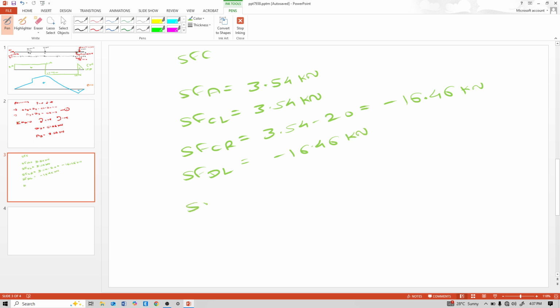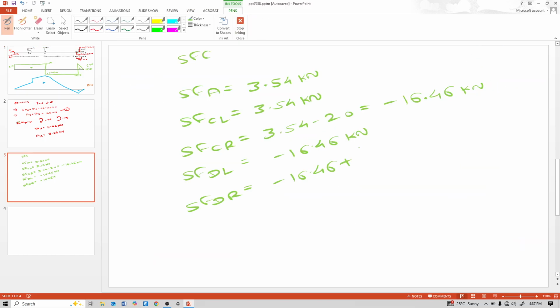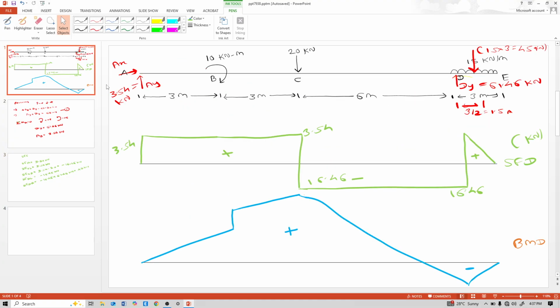But shear force at D just right to that D is minus 16.46 plus that upward reaction. Upward reaction is 61.46 kilonewton. So minus 16.46 plus 61.46, it is 45 kilonewton. Here 45 kilonewton.